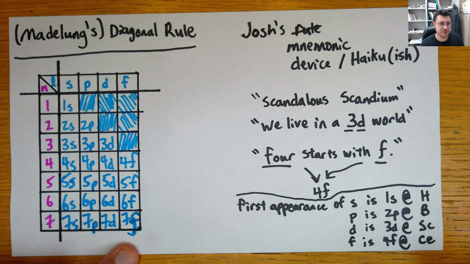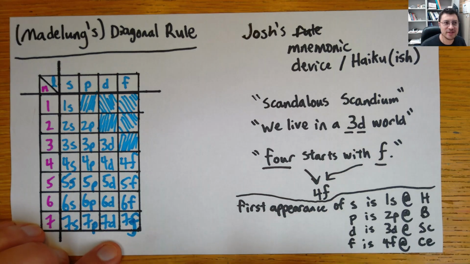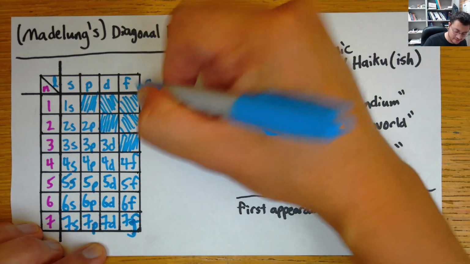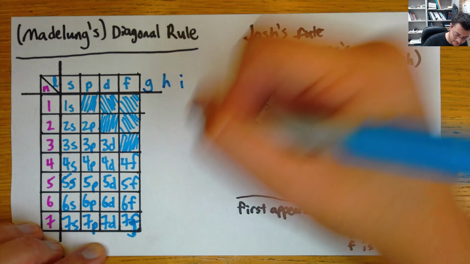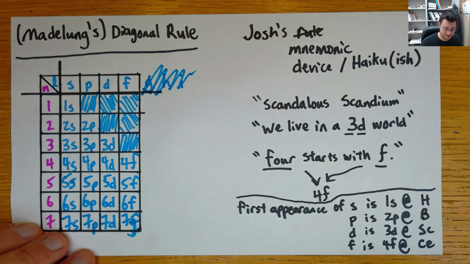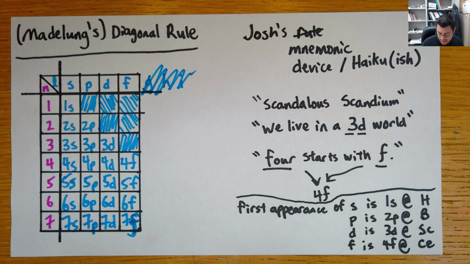G orbitals do exist, but I left that off there. We haven't discovered any elements with it, but if we were adding g here, there's even h and i, you would have that there. For practical purposes, we don't have to care about that. So that's enough.